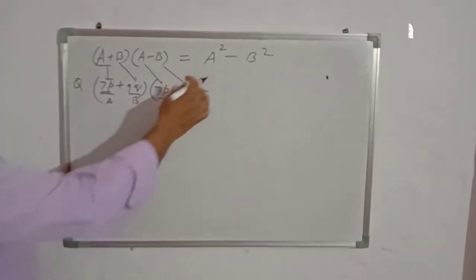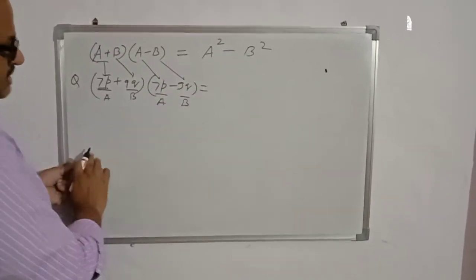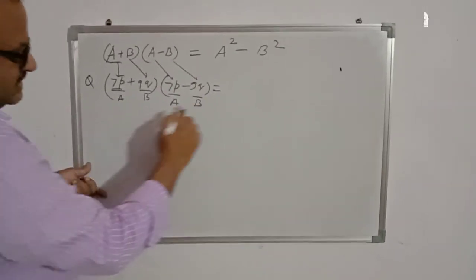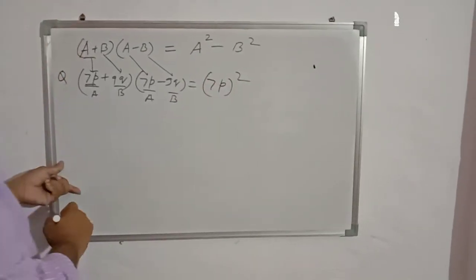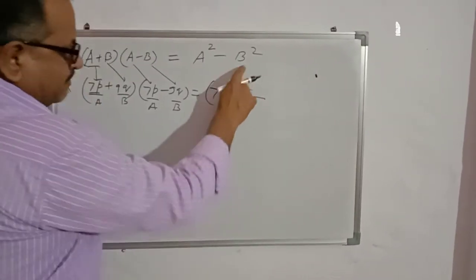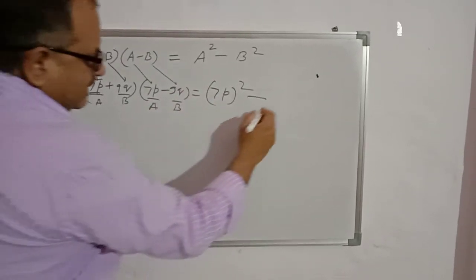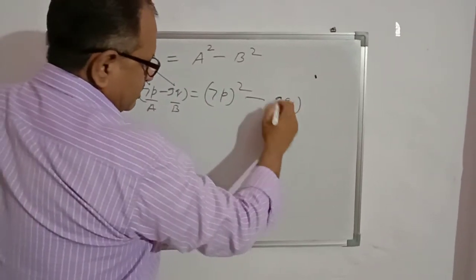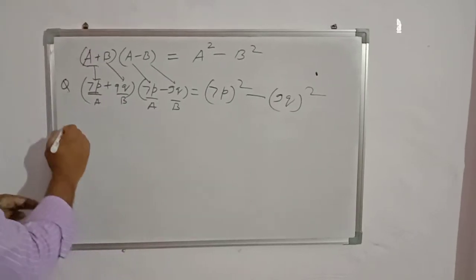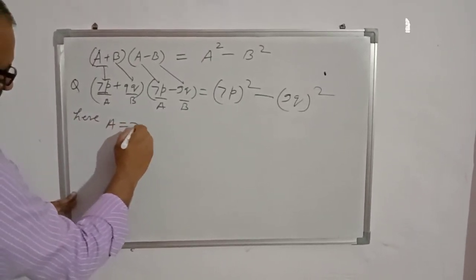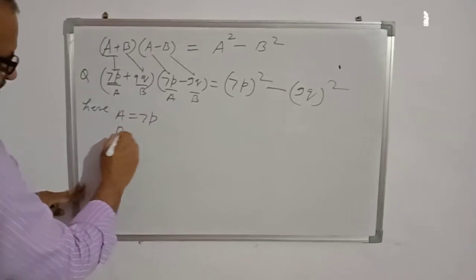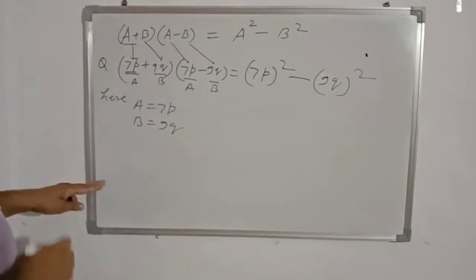What do we have to write? We have to write a square minus b square. So a is 7p, we will write 7p whole square, minus b square. b is 9q here, so 9q whole square. We see that here a is equal to 7p and b is equal to 9q.